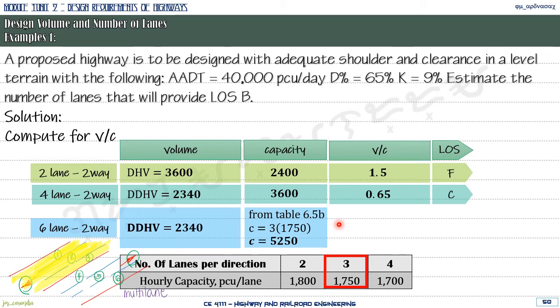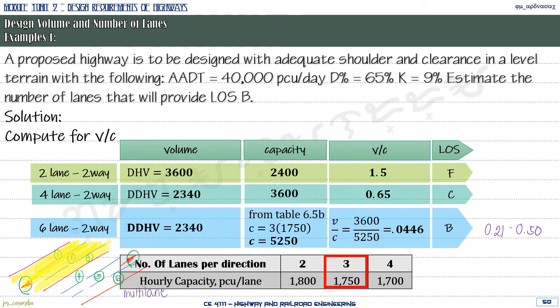So computing for your volume capacity, that's 2,340 divided by 5,250, giving us an answer of 0.446, which is within LOS B. The range is 0.21 to 0.50.